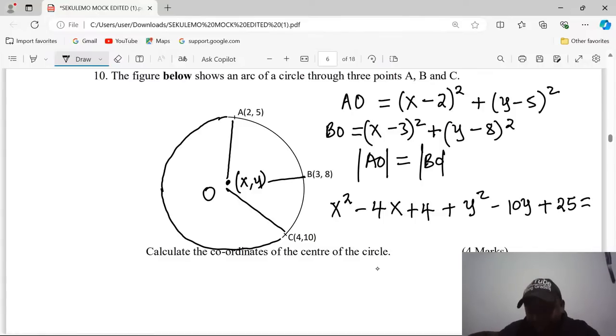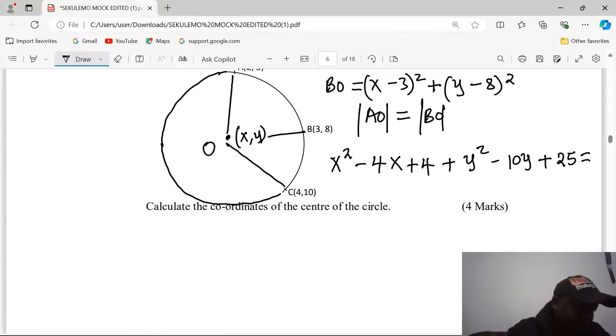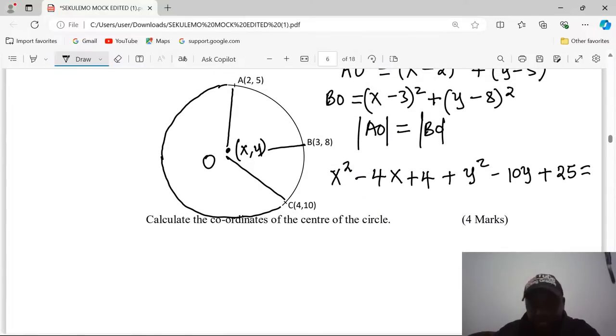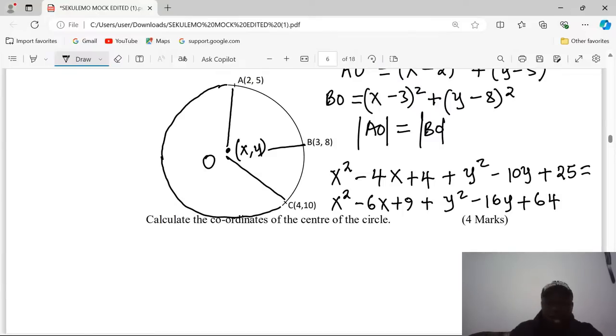This one is the same as, we also square the other side, we expand now. When we expand the other side, we have X minus 3 squared. It shall become X squared minus 6X plus 9. Then we add Y minus 8 squared, so Y squared minus 2 times Y times 8, it should be 16Y. Then we add 64. Those two are equal.